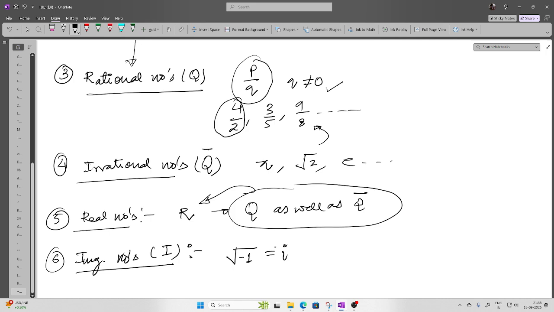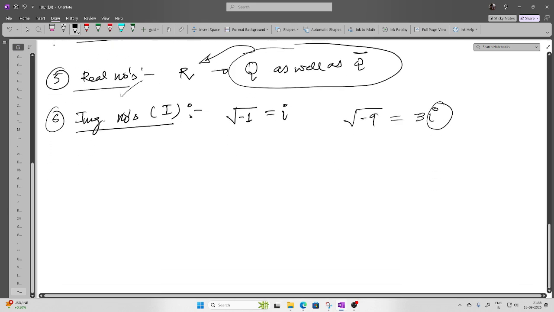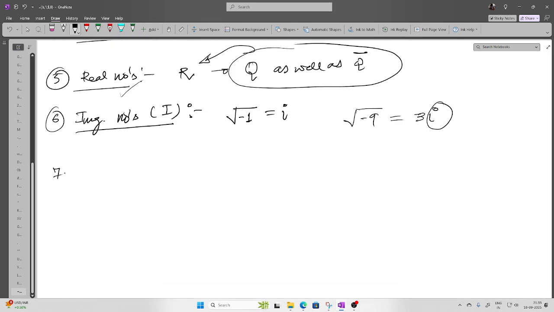So if you look, these numbers don't have any place in the real number line. So let's say it is square root of -9. So it is what? It is 3i. I is called as iota. So they are entirely different from the real numbers. Then come the complex numbers.